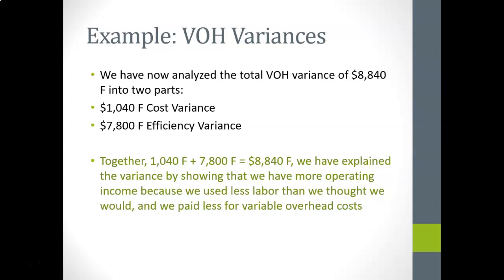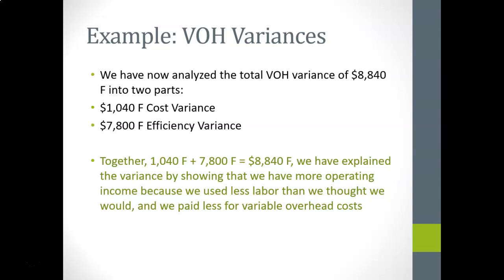Now we can make sure that our two parts equal the total variance. Our total variable overhead variance was 8,840 favorable. That was from a few slides ago. Okay, now we've broken it down into two parts. The 1,040 favorable cost variance and the 7,800 favorable efficiency variance.